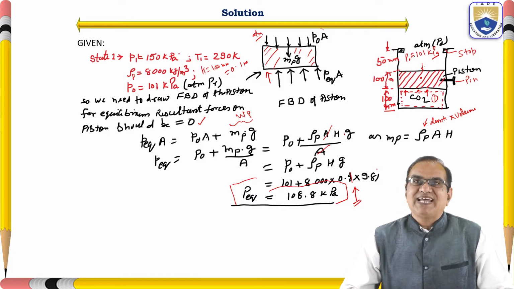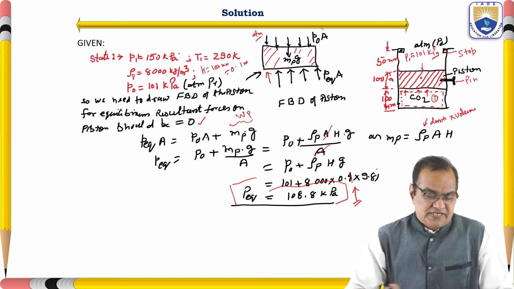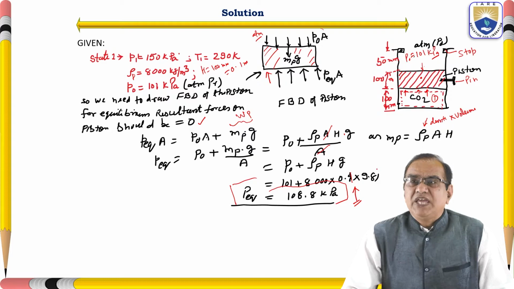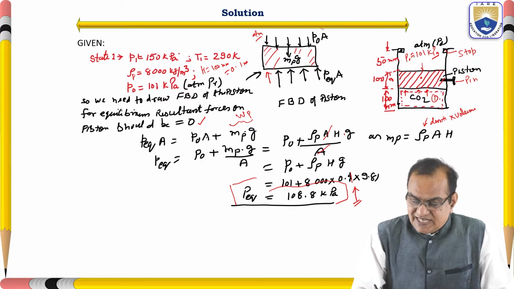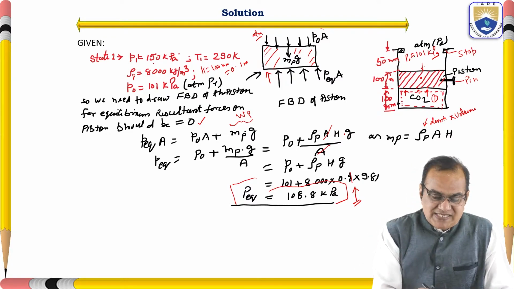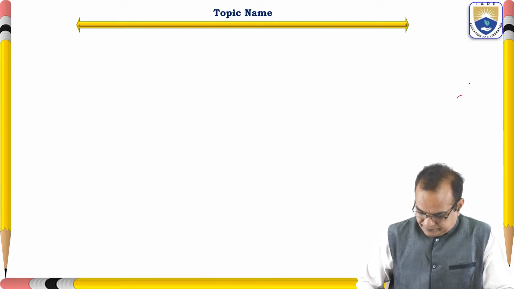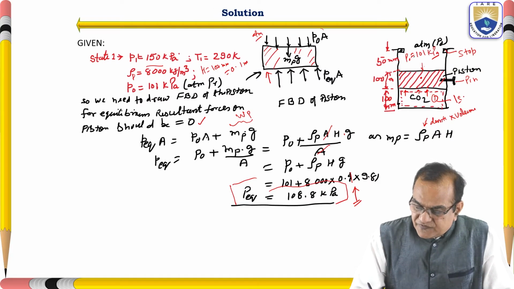So we can see here that this P1, which is inside this chamber, is given in the problem as 150 kPa, but P equilibrium is 108.8.